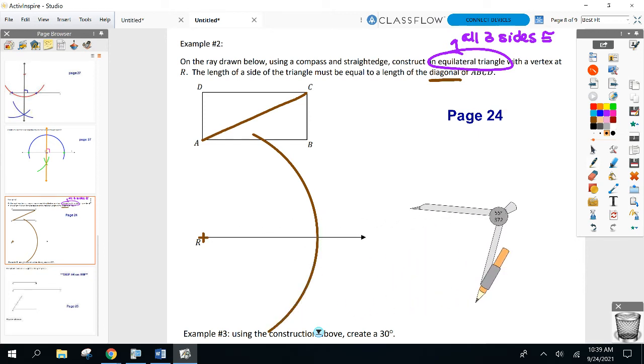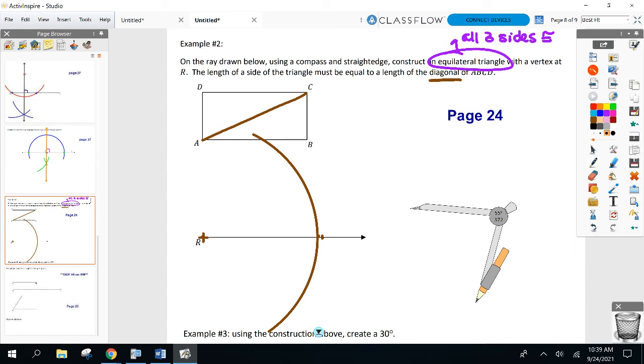How many sides in a triangle? Three, right? Does everybody see? You already created your first side. How long is this side right here? Same as AC, right? Same as the diagonal. Does everybody agree? So there's side number 1 of our triangle.